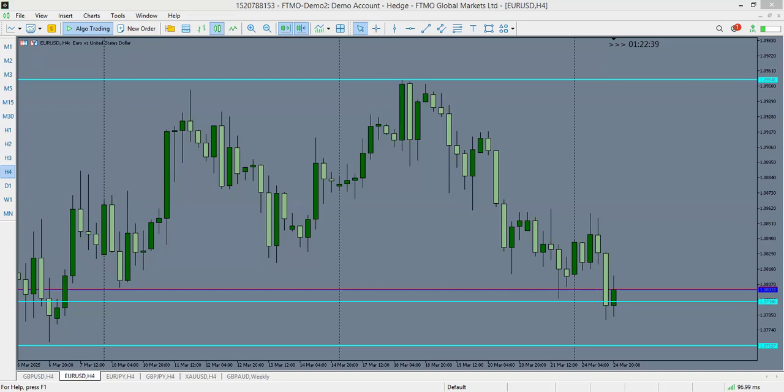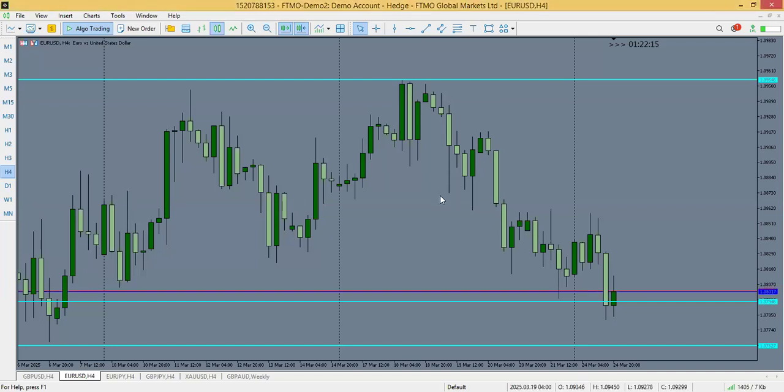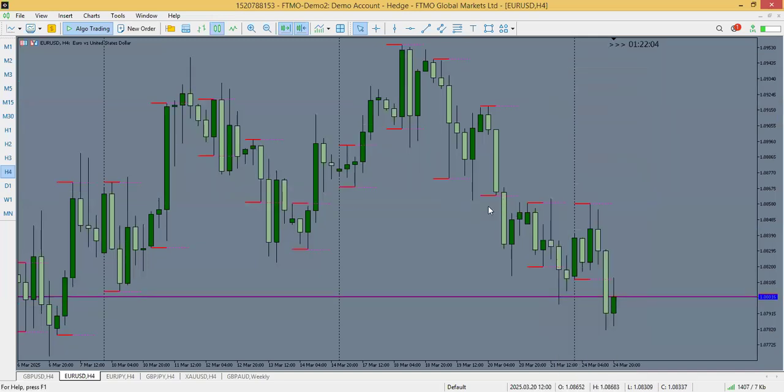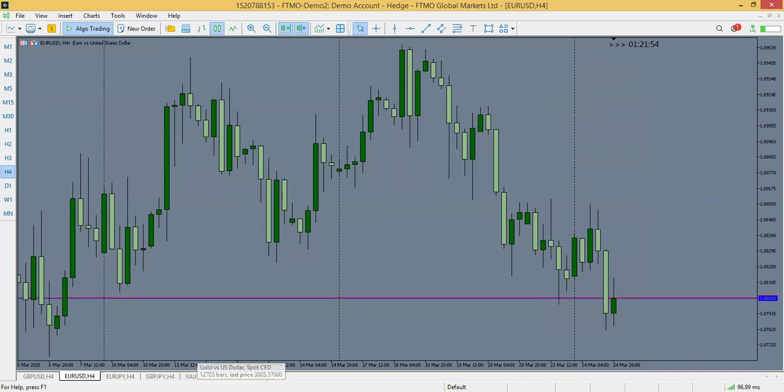Okay, excellent question. Thank you for that question. So this is the Euro USD. We'll still look at this downtrend here. Let's do this clean chart. I'll remove these ones. Or do we look for a different chart?